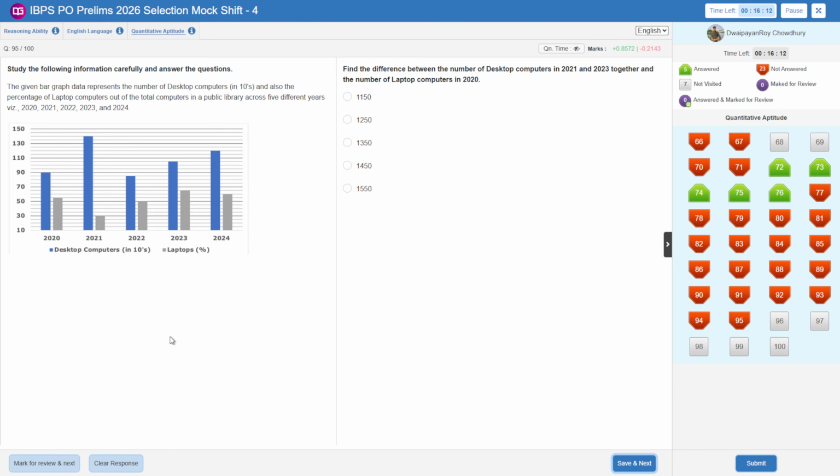The number of desktop computers in 2021 and 2023. Okay, let me just do the charting. 2021, 2, 3, 4. Then I have to do what? The desktop and laptops. Okay, so desktop, laptop. Desktop are given in numbers. So 900.